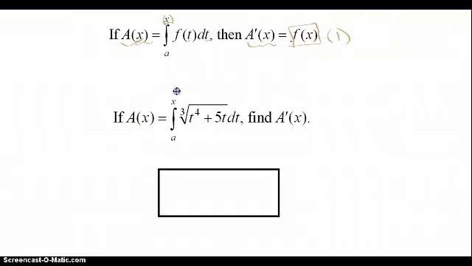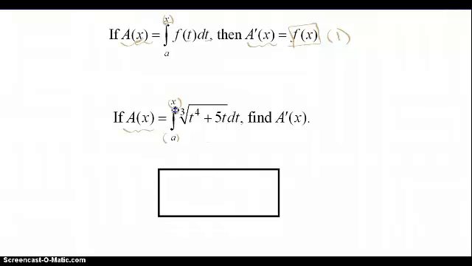There are some things we need to make sure of. We need to make sure that we are taking the derivative of an integral. So we need to make sure that our function is defined as an integral. And we need to make sure that we have an upper limit that is a variable and a lower limit that is a constant. Then we can apply fundamental theorem part 2.